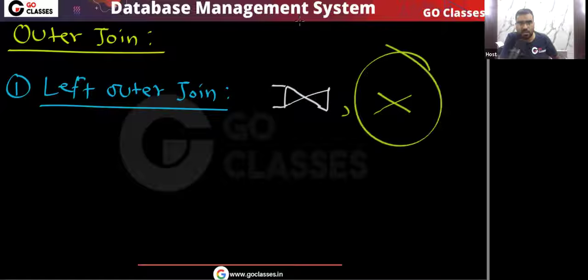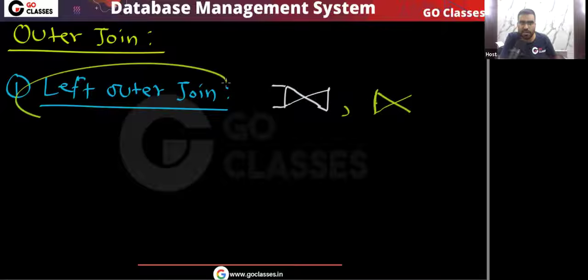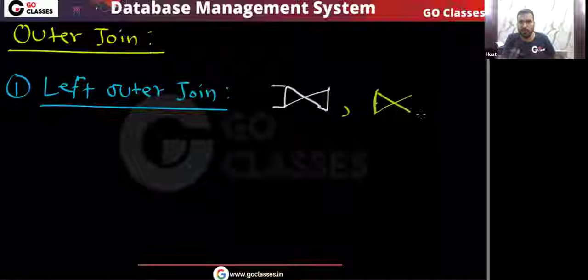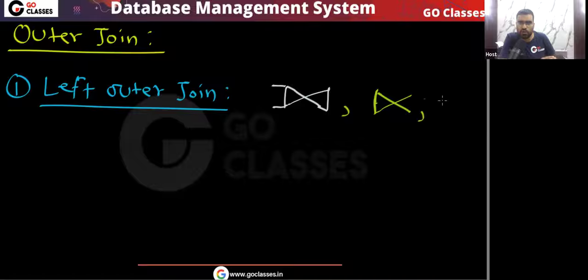If I put the extension only on the left, that means left outer join. Some people use this symbol for left outer join. Outer join means O, and L means left outer join. This is most famous, but all these symbols have been used.